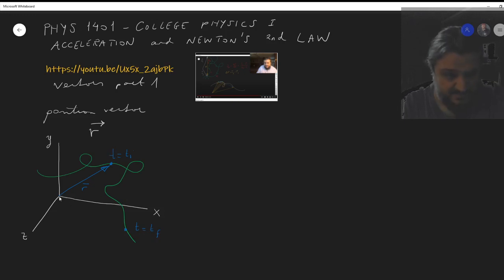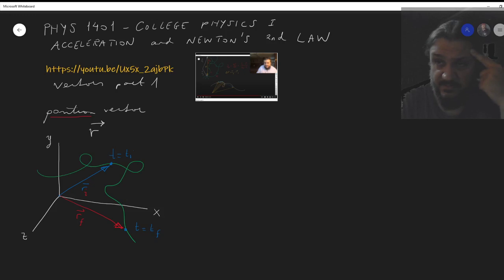I can use a vector like this. This will be the new position vector. The old one was Ri, and now Rf, F meaning final, right? So it just follows you around. And then you subtract these two vectors and get the displacement vector.